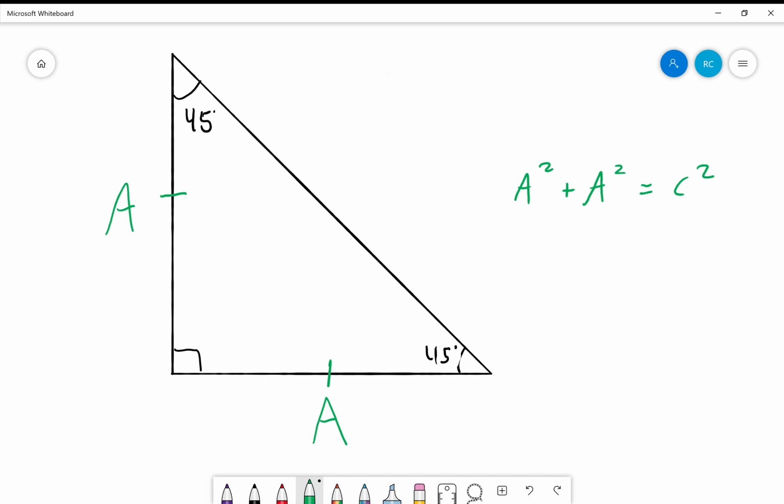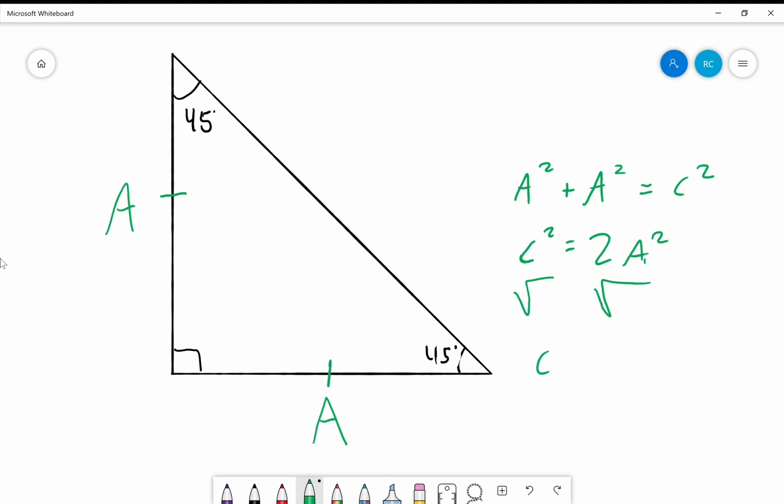So this is a good reminder of the Pythagorean theorem that we learned last time. Leg squared plus leg squared equals hypotenuse squared. Well, A squared plus A squared is 2A squared. And then we want to square root both sides.